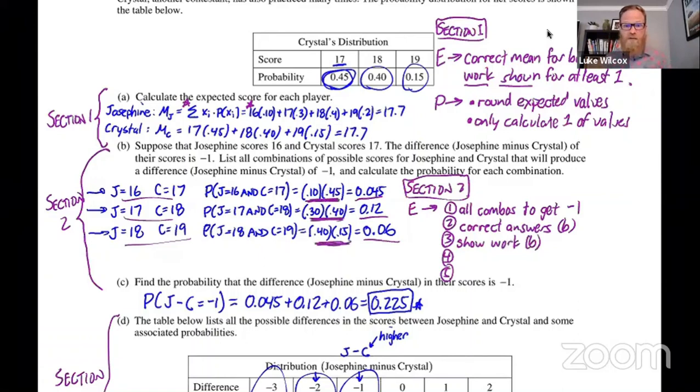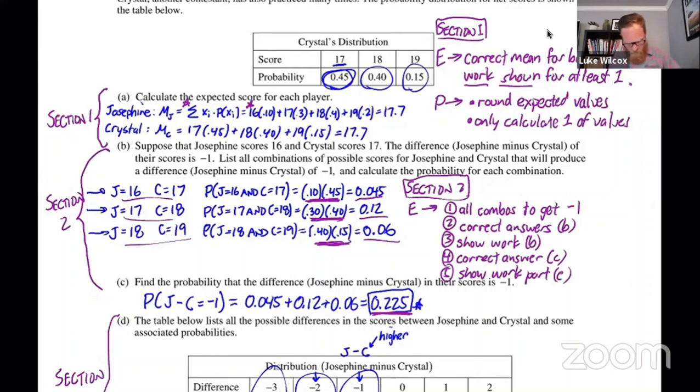So we do get credit for component 3. Component 4 is to have the correct answer for part C. Well, the correct answer for part C was this right here, 0.225. And you can probably guess what's coming next. For number 5, you have to show your work for part C.